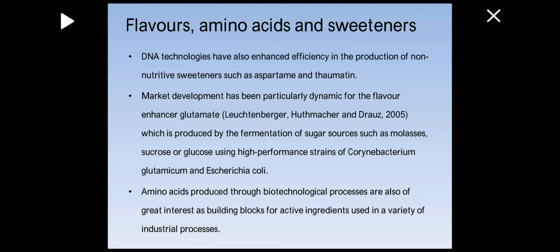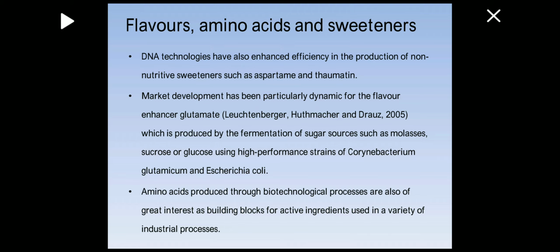So, there are strains of certain bacteria which are used for the production of flavor enhancer, for example, glutamate. And the glutamate is vastly used in many food products for the enhancement of the flavor.